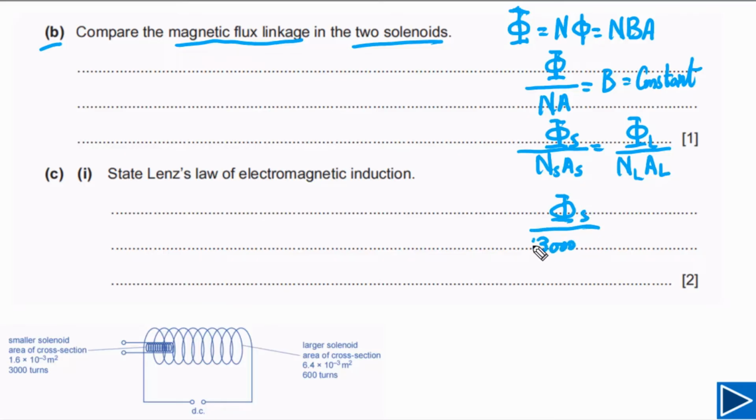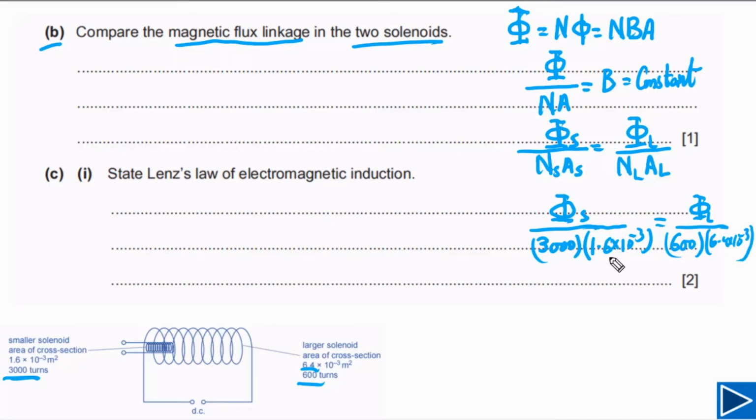Number of turns we have 3000 on the smaller coil, and the cross-sectional area of the smaller solenoid is 1.6 times 10 to negative 3. For the larger solenoid, we have only 600 turns, and the cross-sectional area of the larger solenoid is 6.4 times 10 to negative 3.